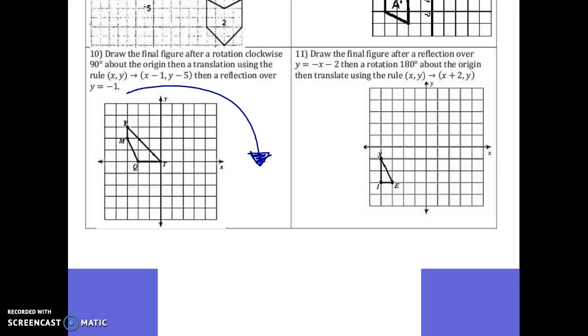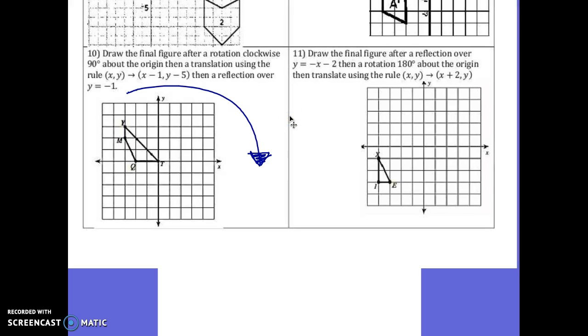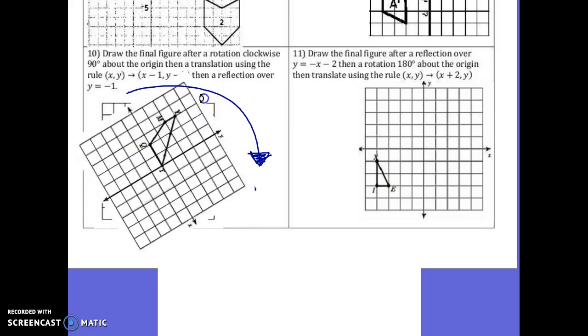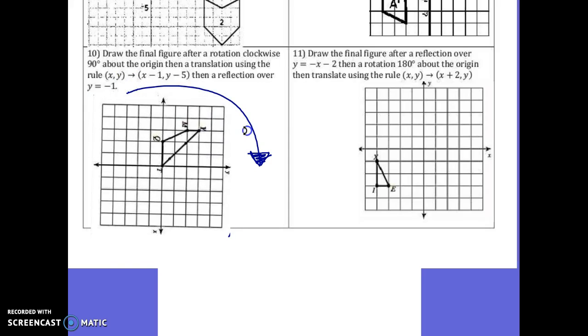So I'm going to take my page and move it once to the right. Okay, so now I need to know what all of the points are after turning the shape once to the right.